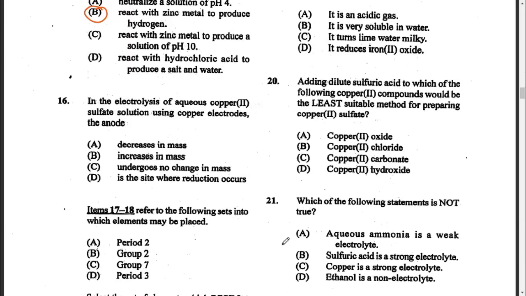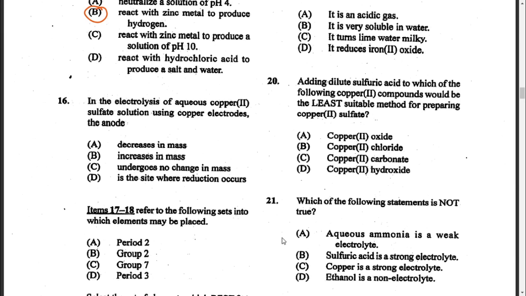Question 16. In the electrolysis of aqueous copper(II) sulfate solution using copper electrodes, what happened to the anode? The anode would decrease in mass. Remember that the electrodes are made up of copper, and the anode would be supplying the copper 2+ ions in solution, because oxidation takes place at the anode.